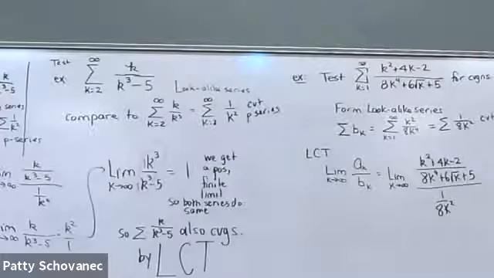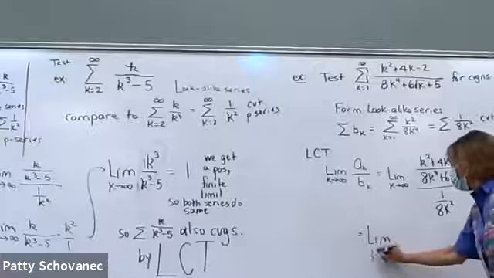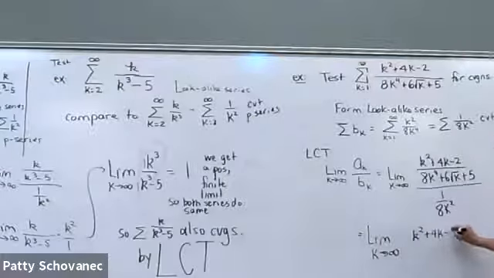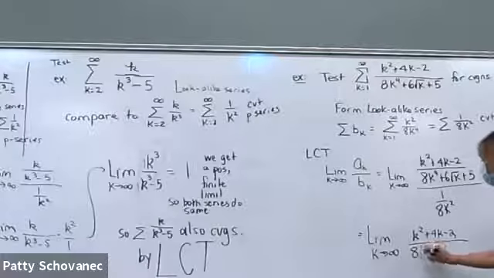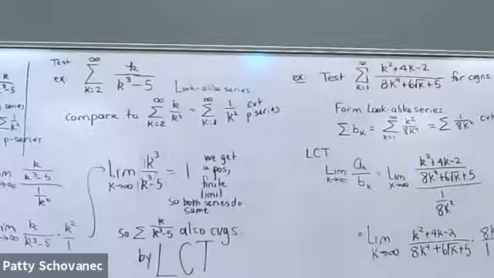So I know the next step is to flip my b_k over and multiply. So when I multiply that through, I'm going to have my highest power of k on top look like an 8k to the 4th, which is also the highest power of k on the bottom.